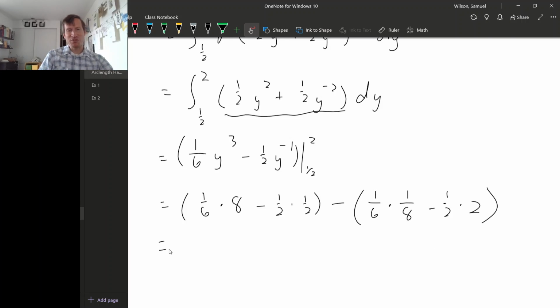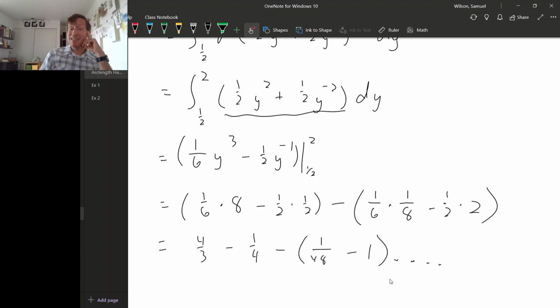Okay, and now we have a bunch of arithmetic to do. So this is going to be 4/3 minus 1/4, minus, and then in here we get 1 over 48 minus 1. And this is a bunch of fraction arithmetic, so I'll let you work that out.